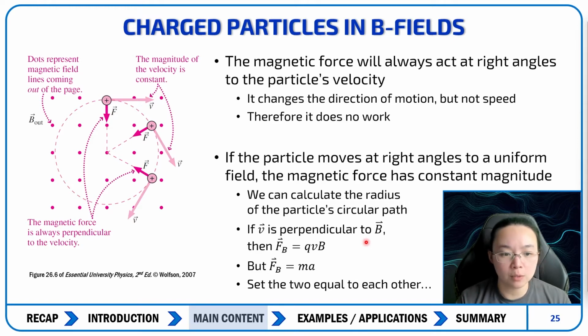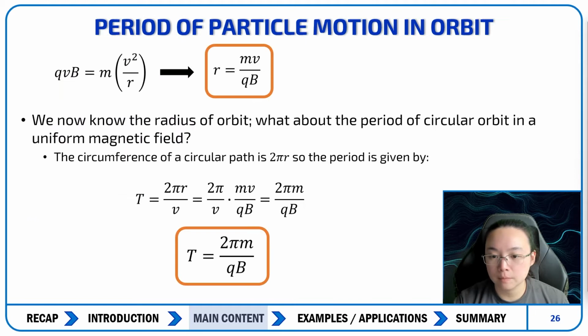And if we set the two equal to each other, we get QVB equals MA, where A is equal to V squared over R. We then get R is equal to MV over QB. So keep in mind V squared over R is going to be the acceleration in circular motion. So we now know the radius of the orbit.